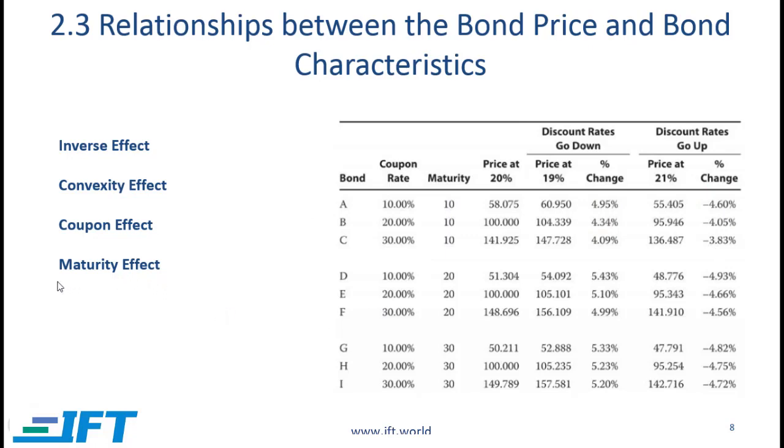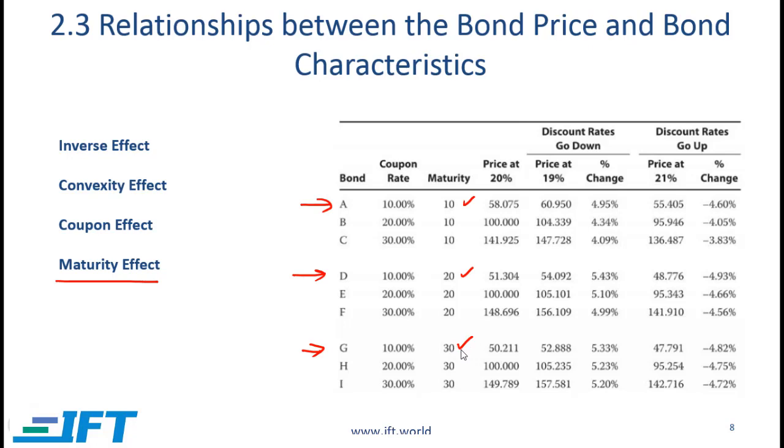And finally, let's get to the maturity effect. Here, if you take bonds with the same coupon rate, so let's pick A, D and G. The difference is in maturity. So bond A has a maturity of 10 years, D is 20 and G 30.